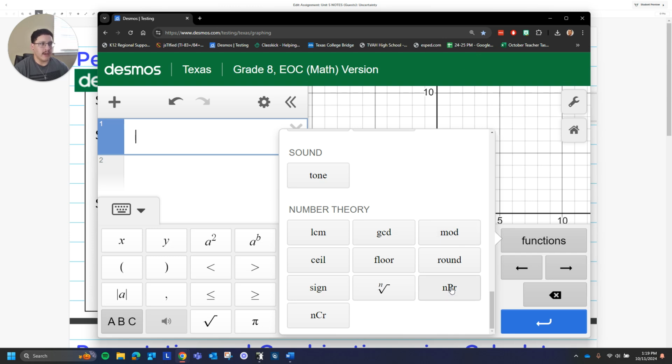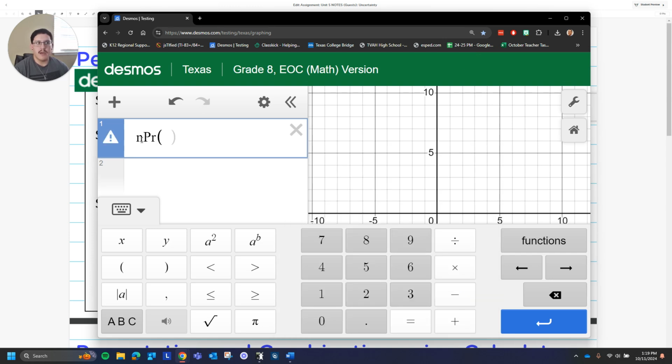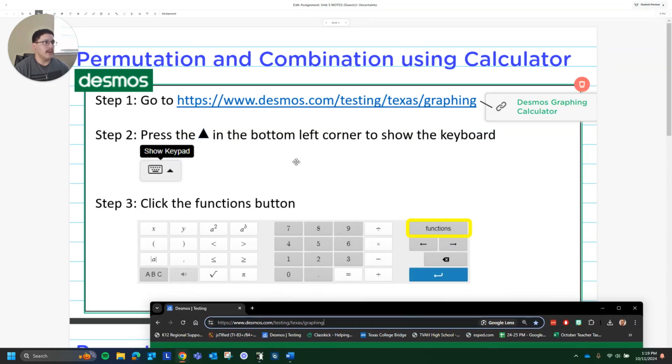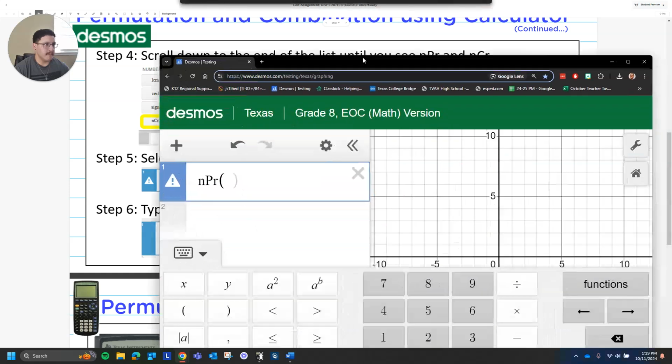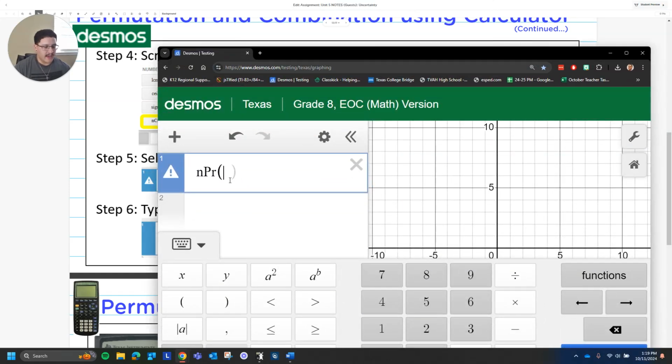Okay, so let's say we want to do permutation. You click it, and then it'll give you that with the open parentheses. Let's say we want to find permutation for 10 and 8. 10 is the N value, and then 8 would be the R value.